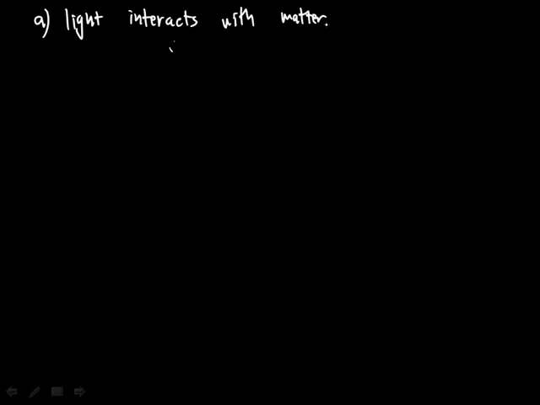And different types of light interact with matter in a different way, causing different classes of changes. So that's one important thing. When we shine light onto a molecule, something will happen to that molecule. And the other important thing is that light is easily analyzed and quantified.